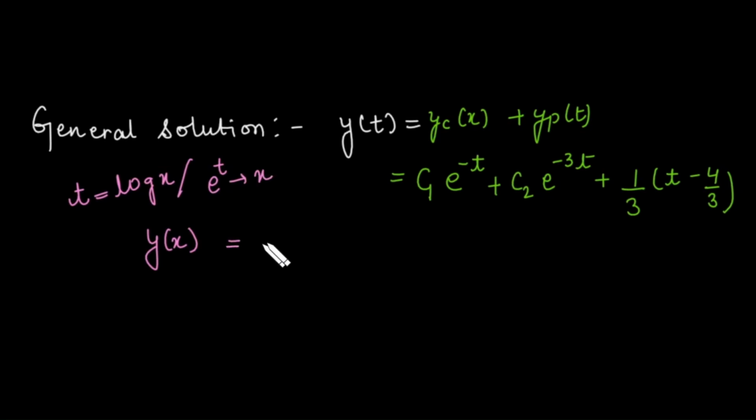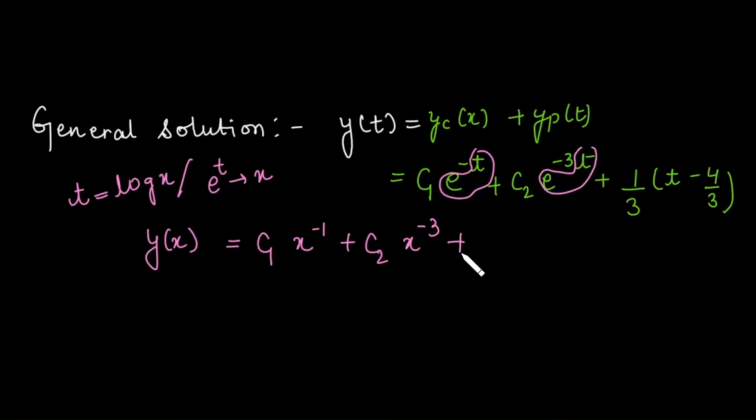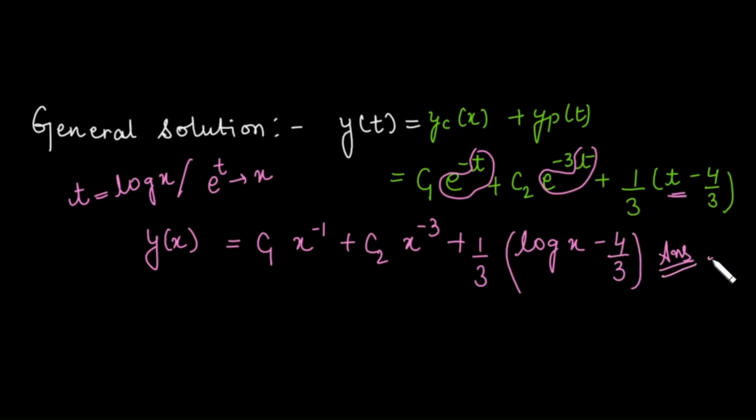So this is equal to c1 x raised to power minus 1 plus c2 x raised to power minus 3 plus 1 by 3 times the value of t, which is log of x, minus 4 by 3. And that is the final general solution in this case.